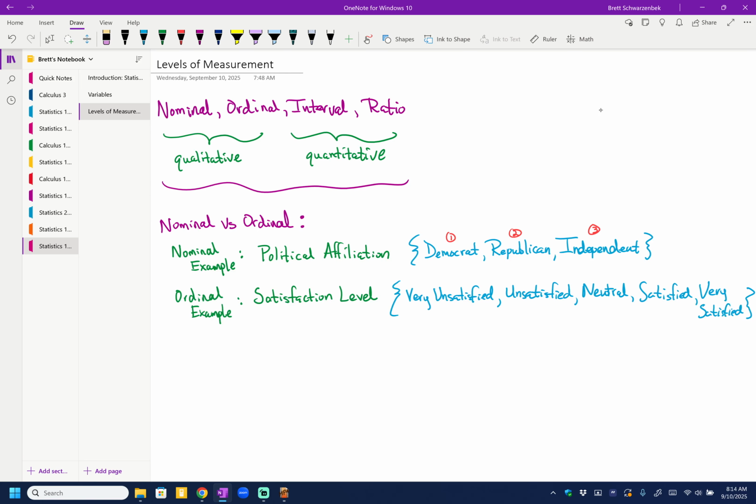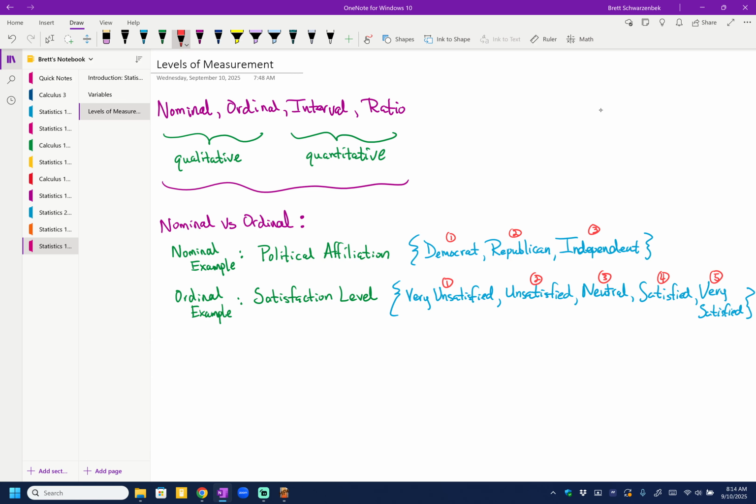What is different about this specific variable, satisfaction level, is that these actually do have an order to them. A lot of times, you'll have a number attached to each one of the satisfaction levels, and clearly a number of 1 represents something that's less than a number of 5, meaning you're less satisfied.